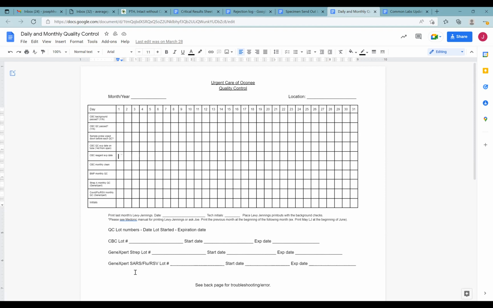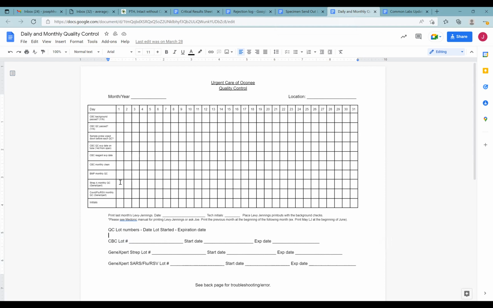And then if you can, write down the lot numbers from the CBC controls once they're changed. You can transfer them over from the month before, and I try to keep an eye on these, but if you're the one who changes it, it's a good idea to write the lot number down, what date you started it, and the expiration date that's printed on the tube, not that 14-day expiration. Same thing with the controls for COVID, flu, RSV, and strep.